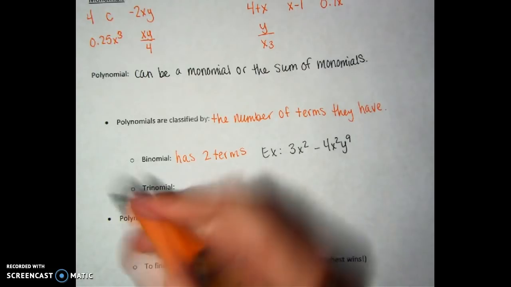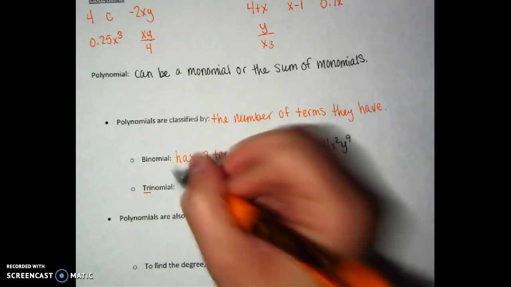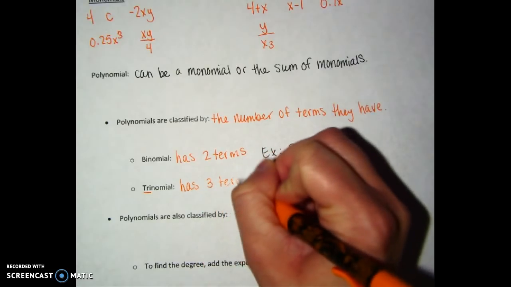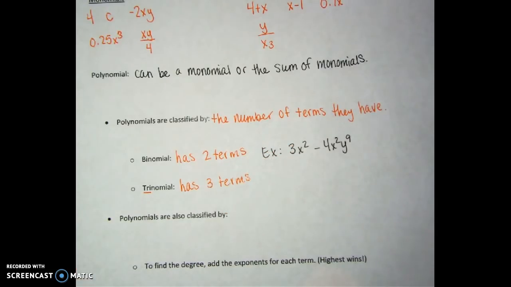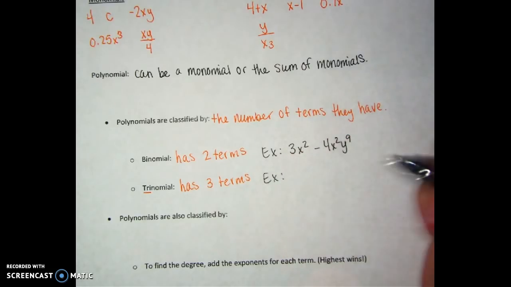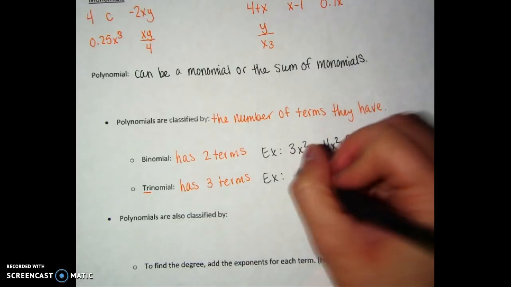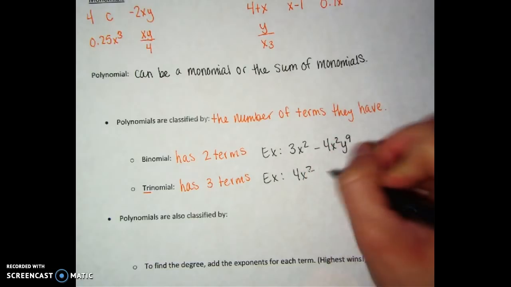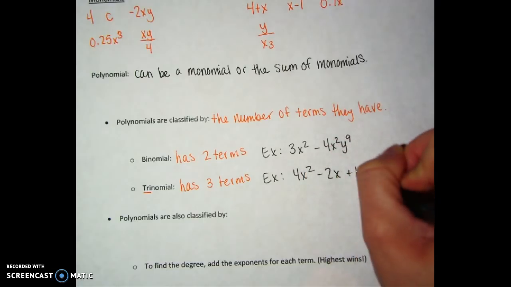Trinomial, hopefully you know what tri means. That means 3, so it has 3 terms. And an example of this would be, this is a more common trinomial. You'll actually be factoring these after break. It'll be 4x squared minus 2x plus 1.